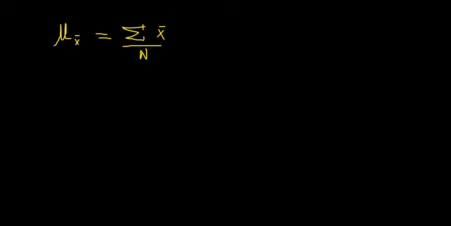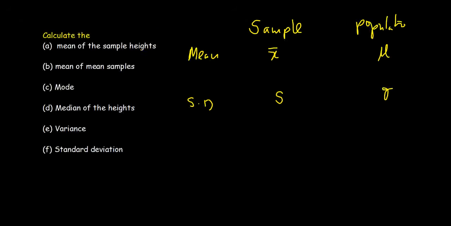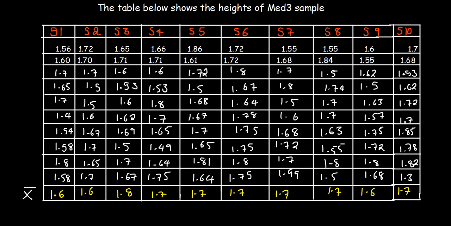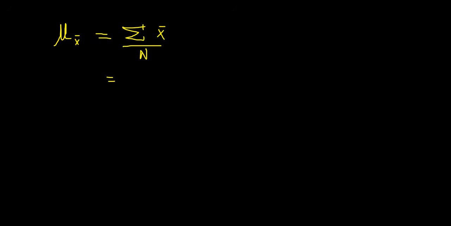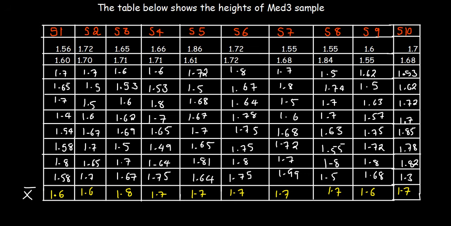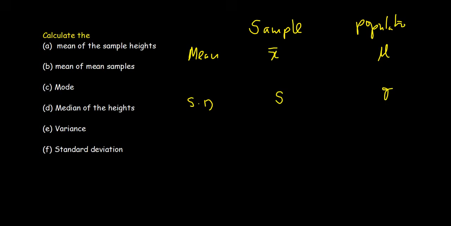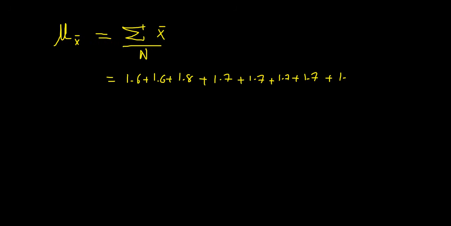So we have 1.6 plus 1.6 plus 1.8, and then 1.7 plus 1.7, 1.7, 1.7, another 1.7, and then 1.6.